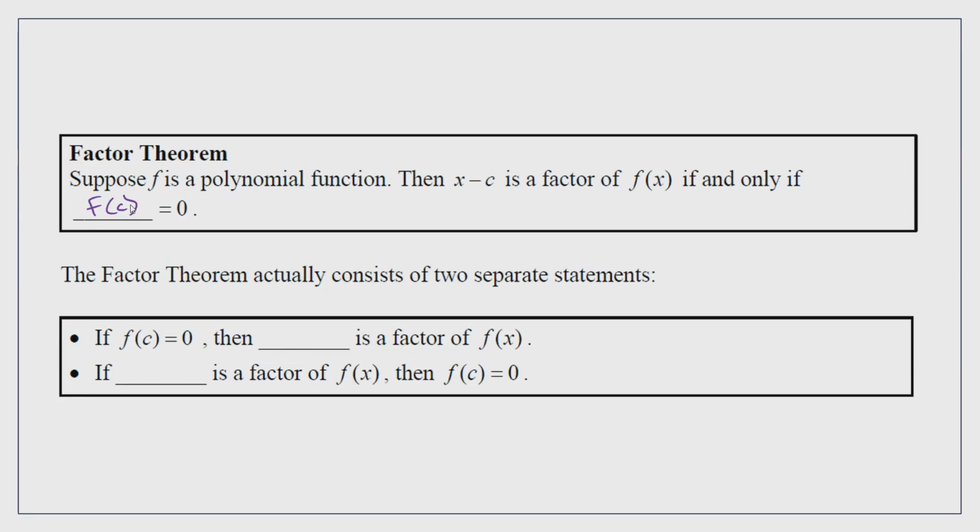And the factor theorem actually consists of two separate statements. It says that if f of c equals 0, then x minus c is a factor of f of x. And if x minus c is a factor of f of x, then f of c equals 0, or in other words, our remainder will be 0.